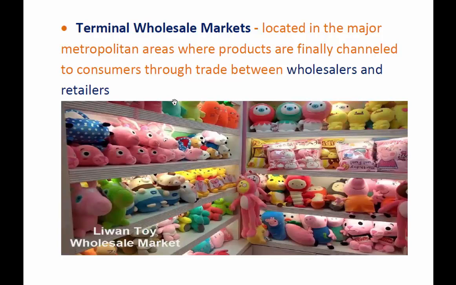They are wholesalers, or we can say they are the agent. So this is what we call a terminal wholesale market. We do not get it from the Nestle factory in Kolkata. We get it from Imphal in a particular shop. That's what we call a terminal wholesale market.